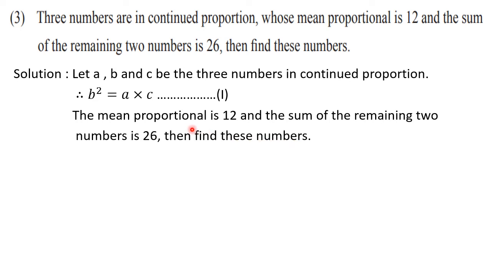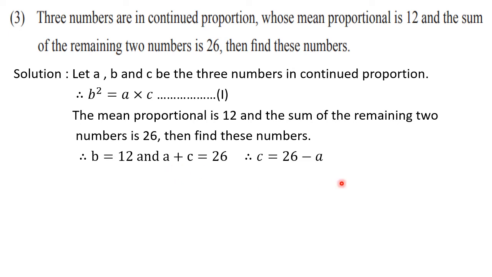So, we will take B as 12 and A plus C as 26, and therefore we can write down C is equal to 26 minus A. See, the mean proportional means B is 12 and sum of remaining 2 means A plus C is 26. Or as I have said, you can take one number as x and the other as 26 minus x. That also will do.